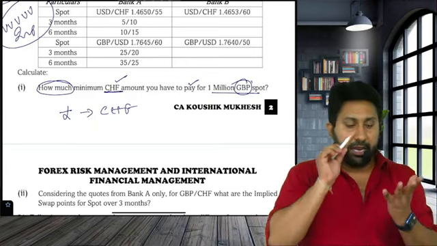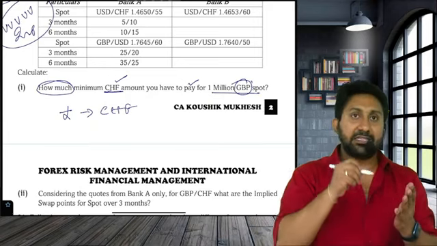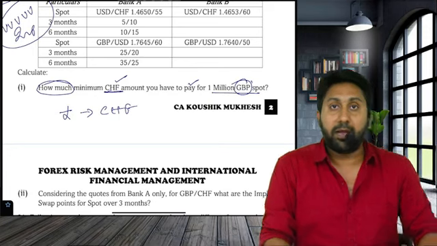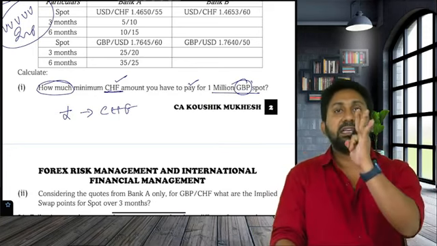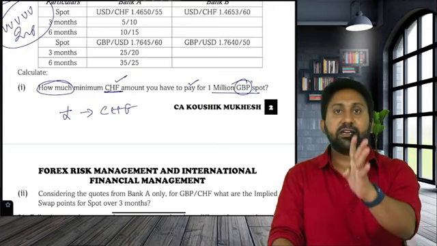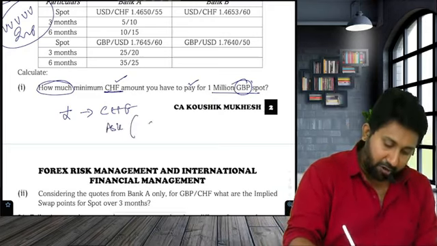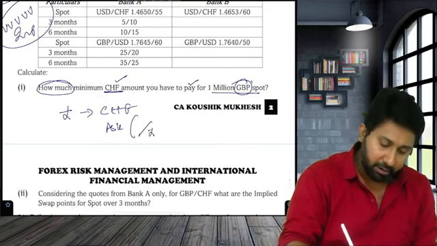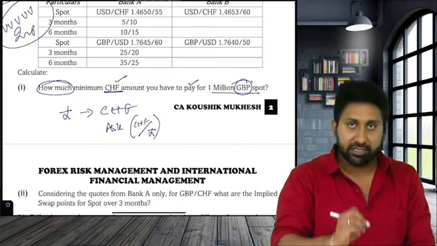We want to buy pounds, so the bank has to sell pounds. Bank sells at a higher rate. Higher rate shall be the ask rate. Required quotation is the ask of what you want to buy. Buying and selling should always come in the denominator. Pounds, using what? CHF. This is the quotation that is required.